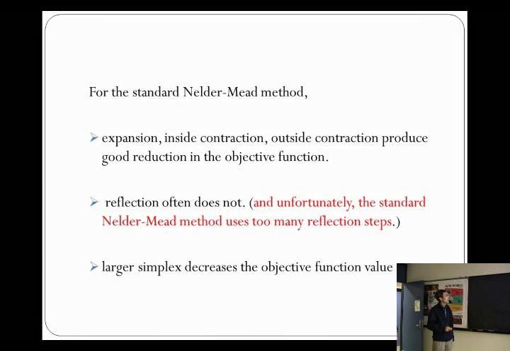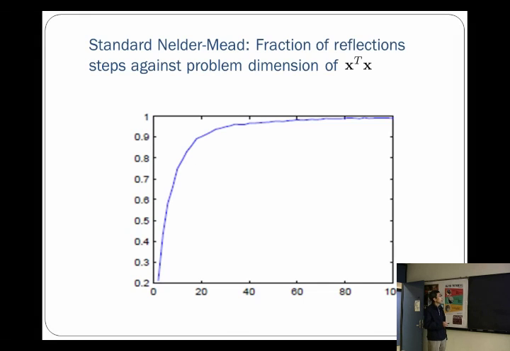Unfortunately, as I'm going to illustrate, the standard Nelder Mead method uses too many reflection steps. This somehow also explains why the Nelder Mead method may become inefficient. We also found that a larger simplex will decrease the objective value. So a large simplex is helpful. So some new discoveries here.